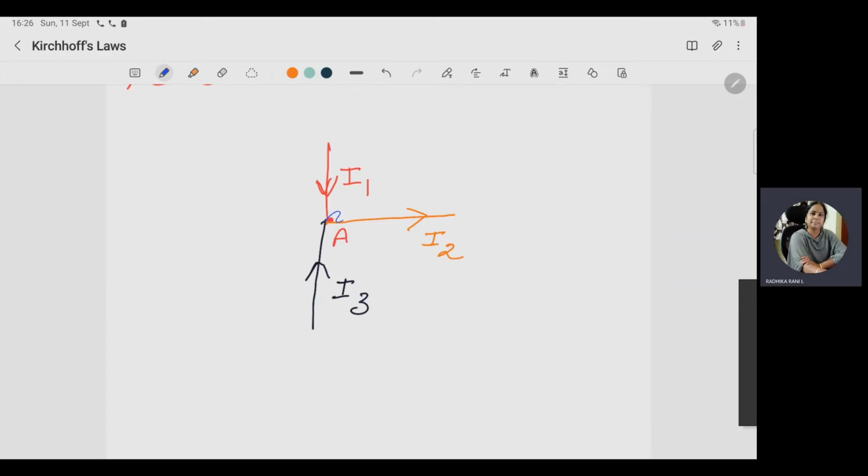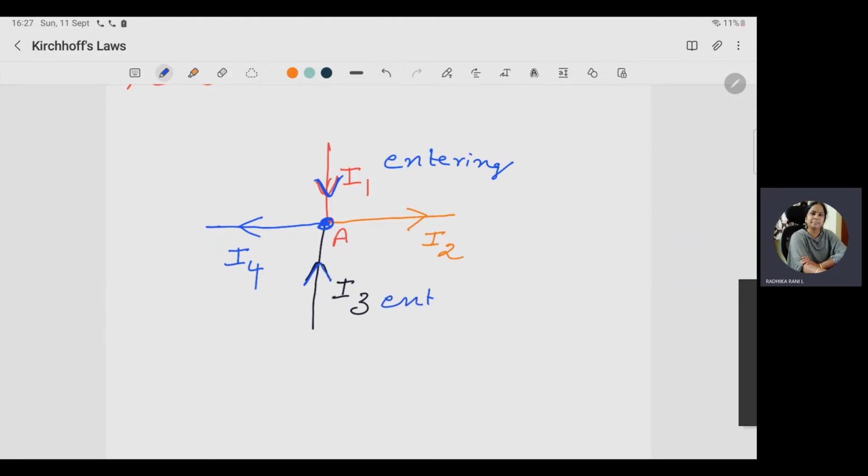Again, one more current, this is I4. I4 is also going out or away from point A. So at point A, 4 currents are there: I1, I2, I3, I4. I1 is coming towards the point A, so this is an entering current, and I3 is also entering.